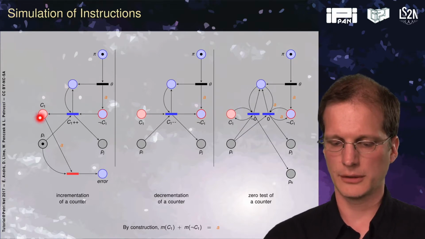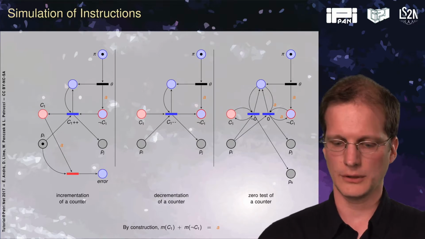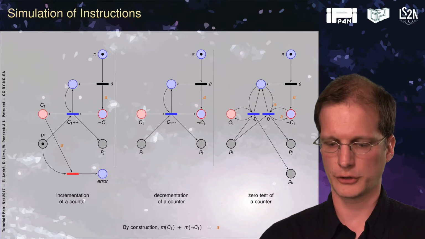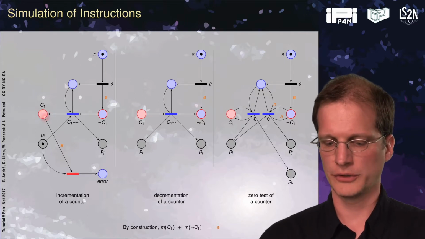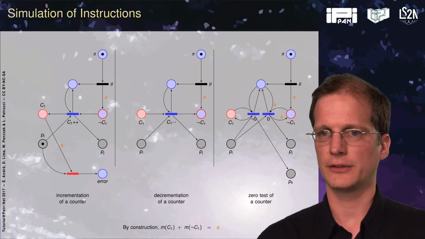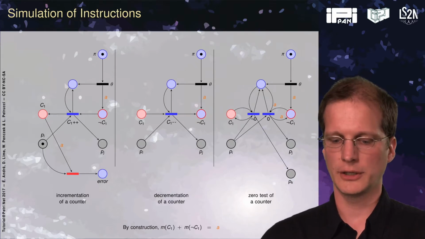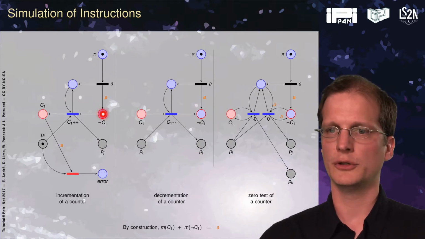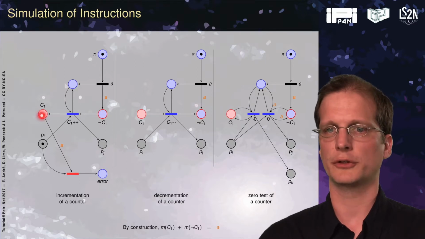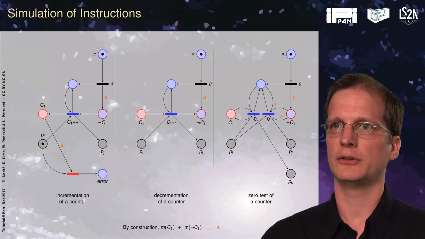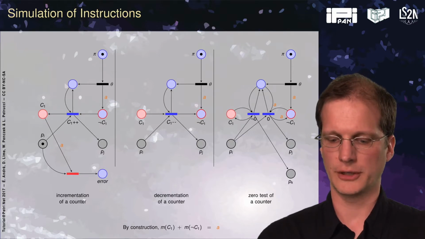So we will split, somehow duplicate the place for the counter here with a dual place here, such that at every moment in the execution of the machine, we will have the sum of the number of tokens here and the number of tokens here, which is equal to some parameter in the system, which is A.